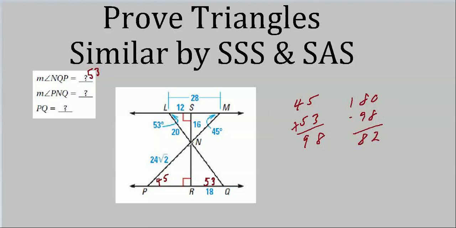So this angle here should be 82 degrees. Let's see here, P and Q. Well, that's the one they asked for up here. 82. What about the length of PQ? Well, where's PQ? Aha, this one here.